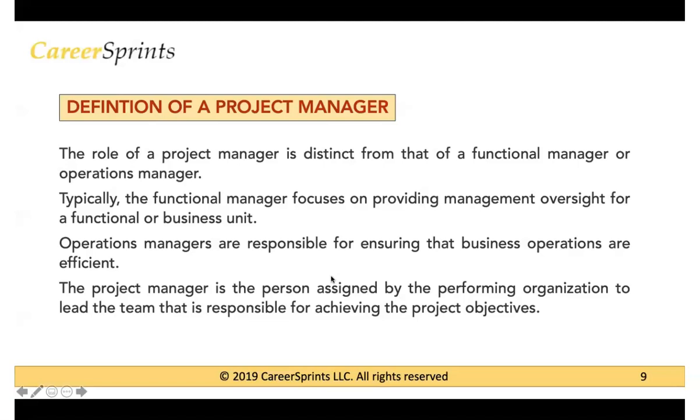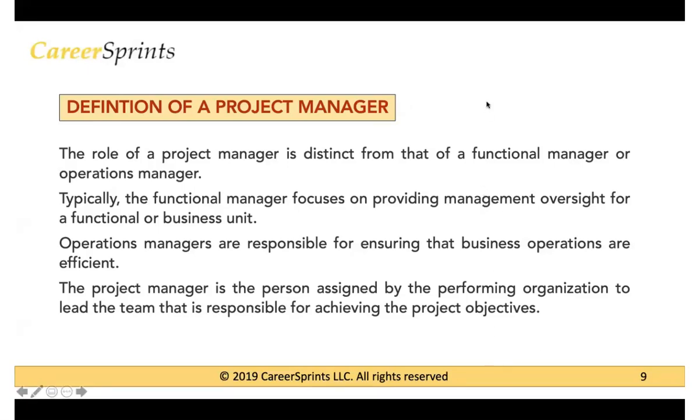It says typically the functional manager focuses on providing management oversight for a functional or a business unit. Operations managers are responsible for ensuring that business operations are efficient, whereas the project manager is the person assigned by the performing organization to lead the team that is responsible for achieving the project objectives.